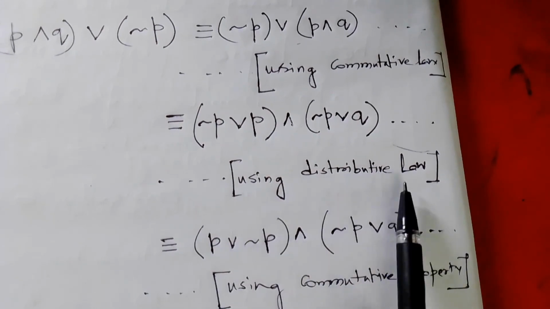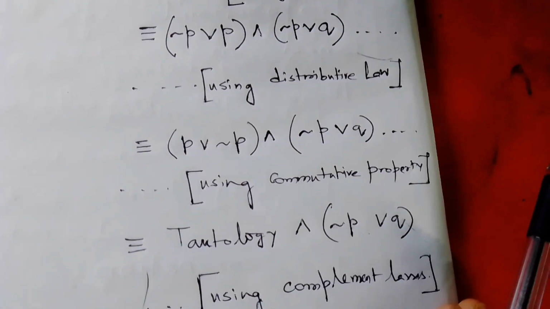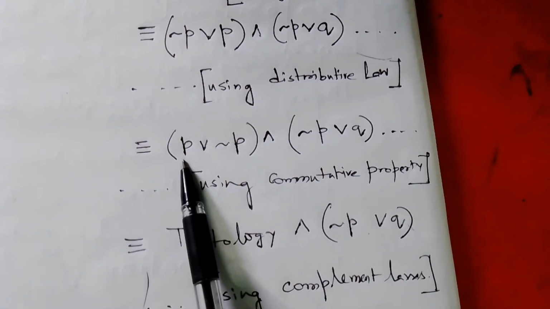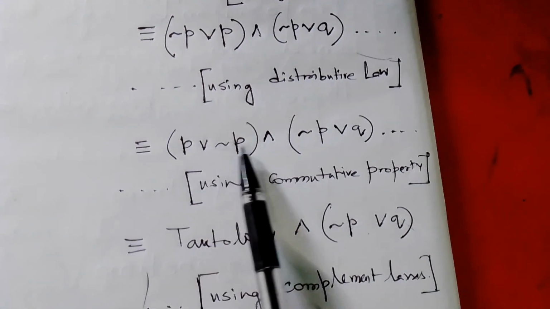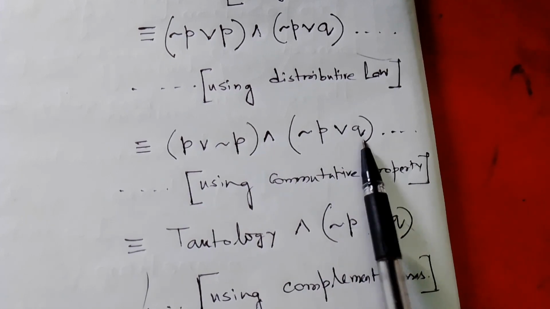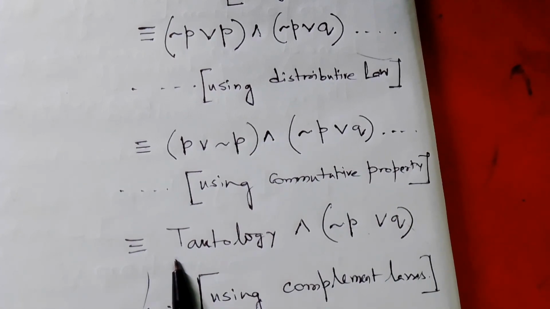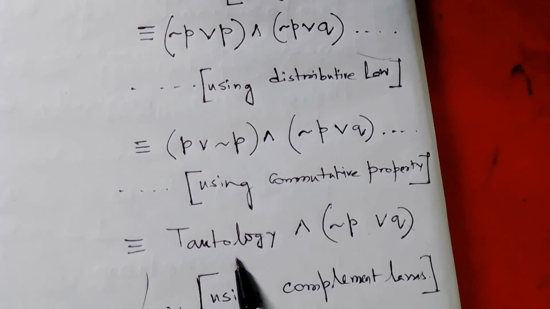So this is using the distributive law. And after this, we'll further simplify the statement to (P disjunction negation of P) conjunction (negation of P disjunction Q) using the commutative property.